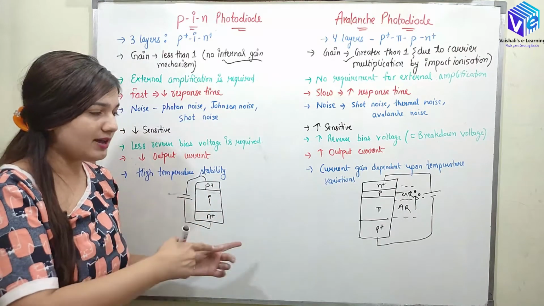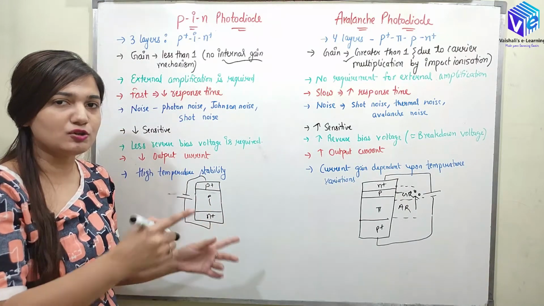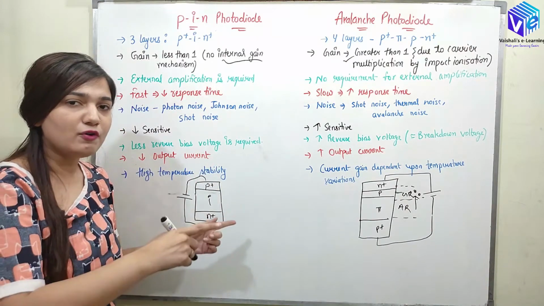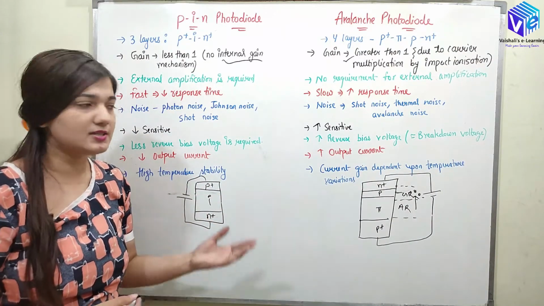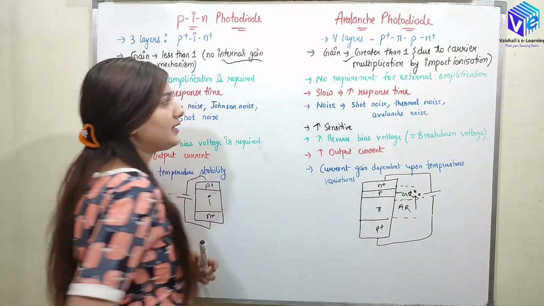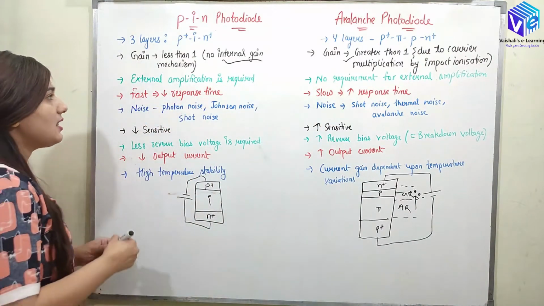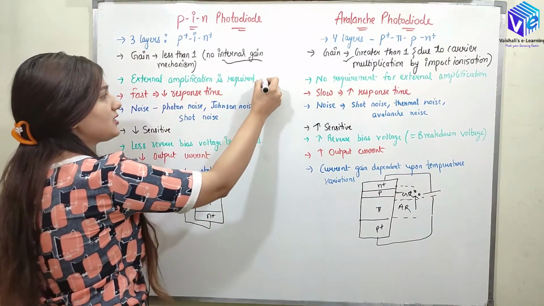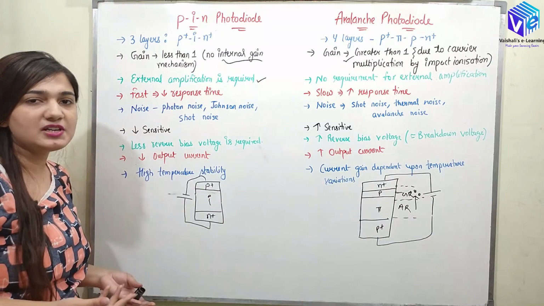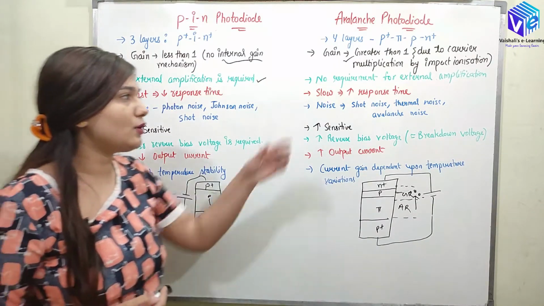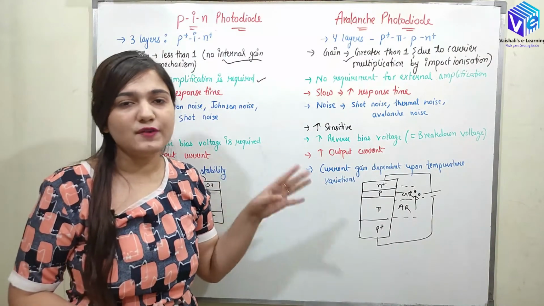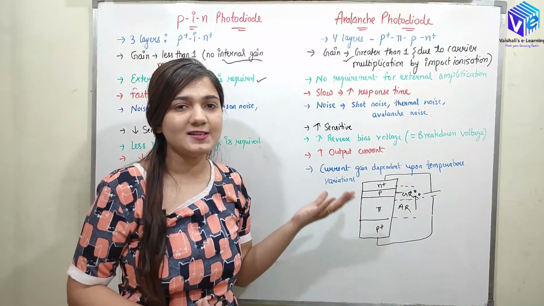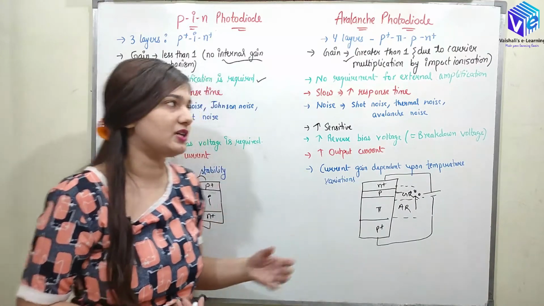From 1 electron we generate 2 electrons, from 2 to 4, from 4 to 8, from 8 to 16. This is how the avalanche multiplication happens, and we have very high gain in this case. Now, in the PIN diode external amplification is required because the internal amplification is 0. Here, because we already have the internal amplification, there is no need for an extra external amplification circuit.